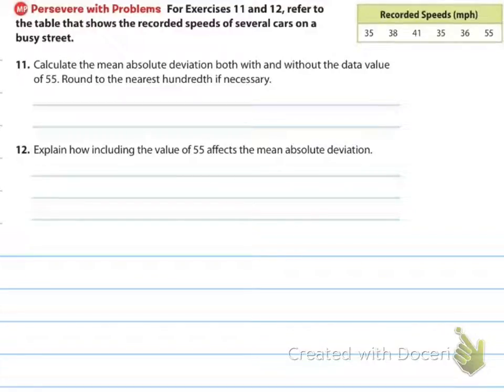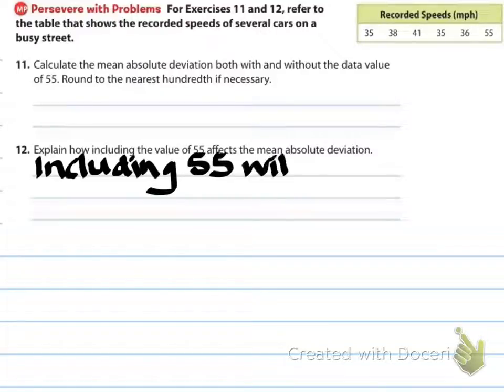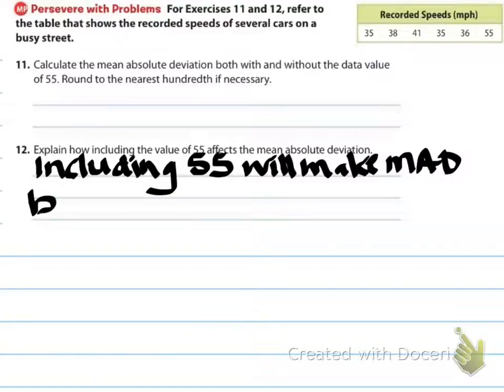So I'm going to go ahead and answer 12, and I'm going to see if I'm right. Including 55 will make the MAD, the mean absolute deviation, a bigger number than without.